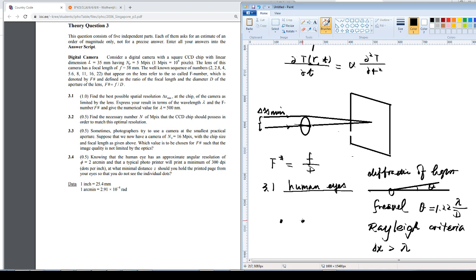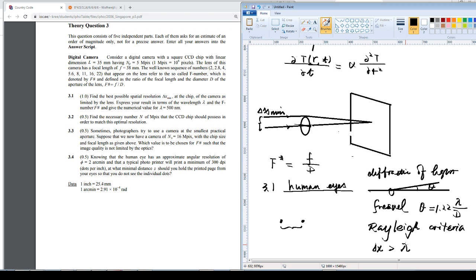If you have 2 points, the distance between these 2 points has to be big enough. But in reality, since the wavelength is so small, is that really the case? Yeah. So in reality, most of the time, this is not a problem because visible light has very small wavelengths.